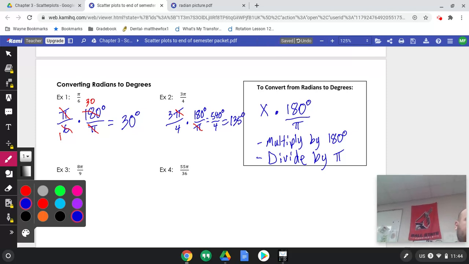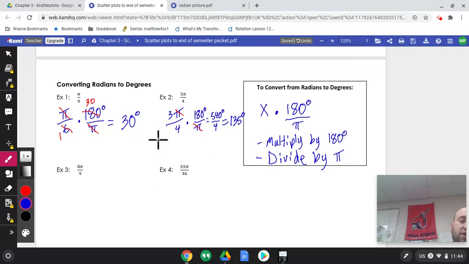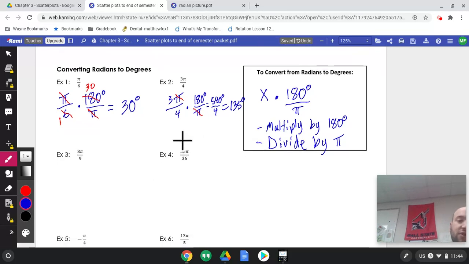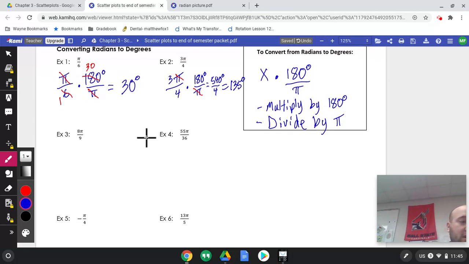Now, on that one we didn't reduce early on. We could have, since 4 goes into 180 evenly. Instead, we waited and reduced at the end. Okay, it does not matter which way you do it as long as you reduce at some point.